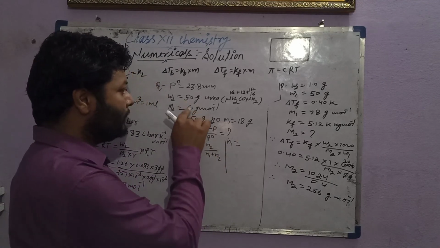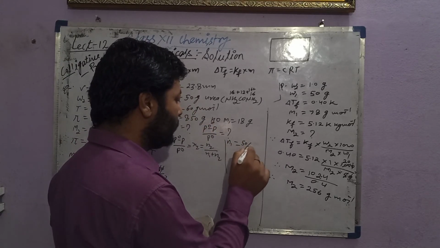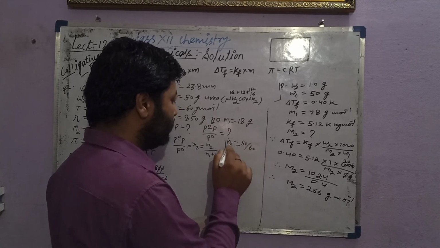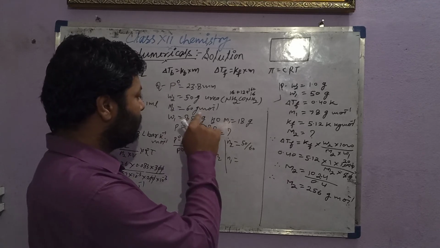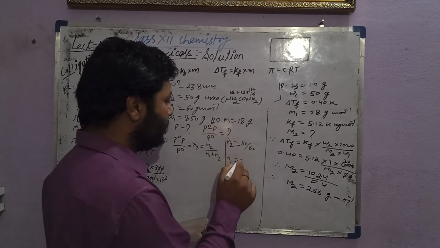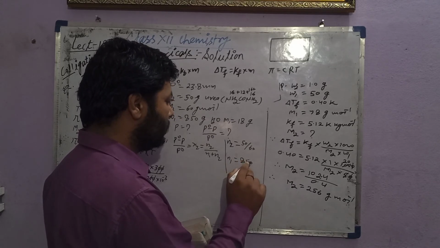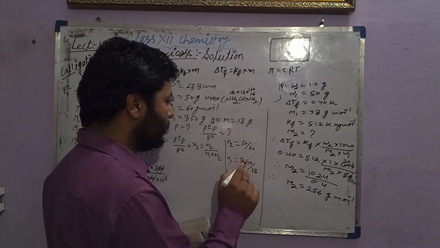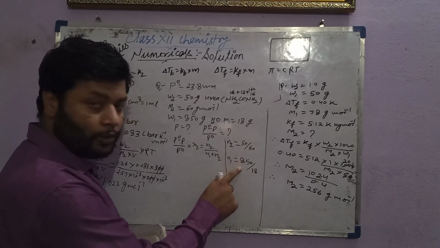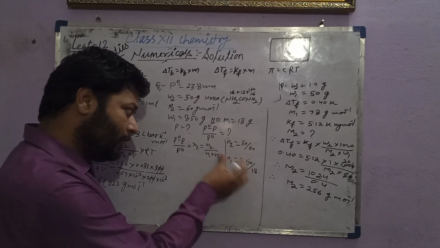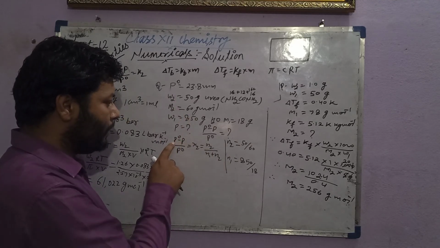n2 can be solved by given mass upon molar mass, that is 50 by 60. Sorry, that is n2. And n1 is given mass of solvent, where given mass is 850, upon molar mass. First solve n1 and n2 separately, then put these values here, and P naught is given.